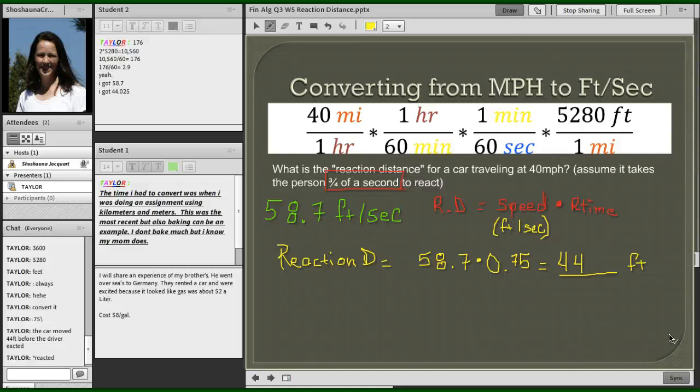Yeah, the car already moved 44 feet before they put on the brake. So if a kid jumps out in front of you, it is really, really hard to not hit them, especially if they're that close.